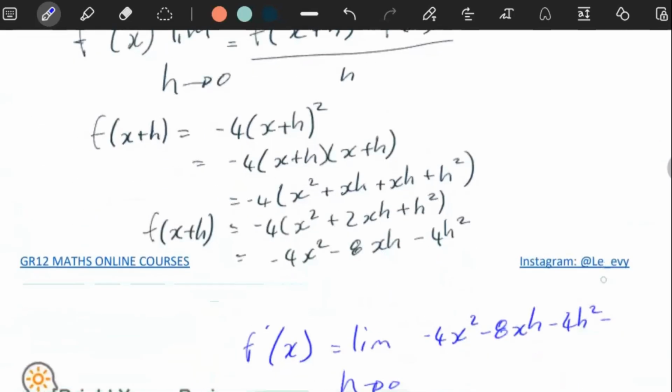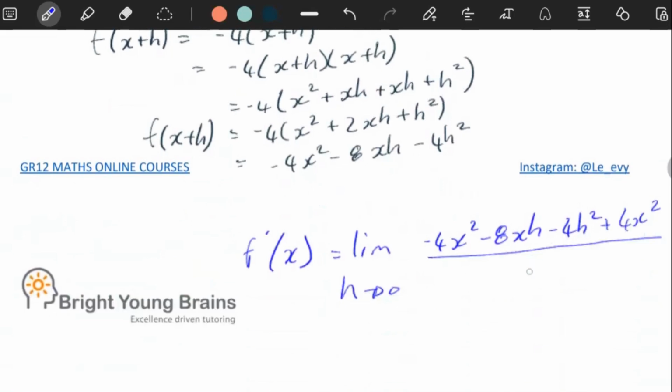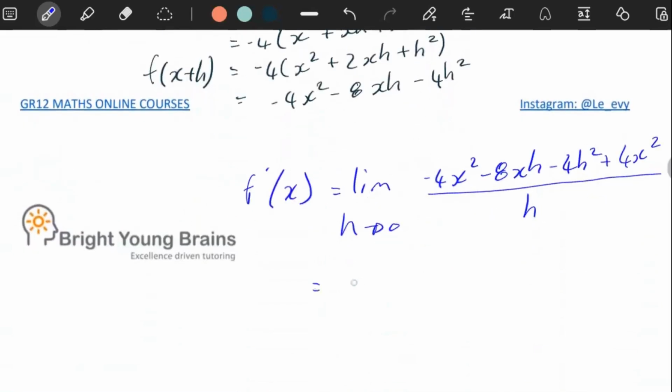If you minus that equation, it ends up with a plus, because you're subtracting f of x. Carrying on, this automatically cancels that. So the limit as h goes to 0 of negative 8xh minus 4h squared.